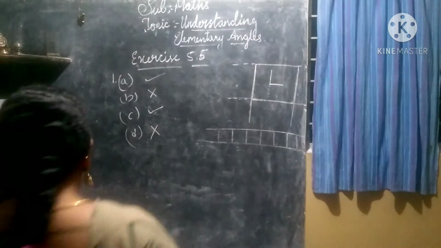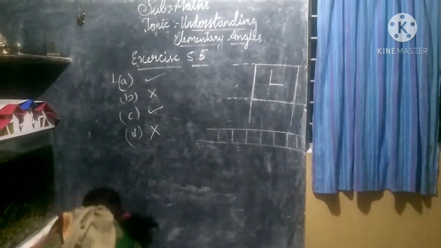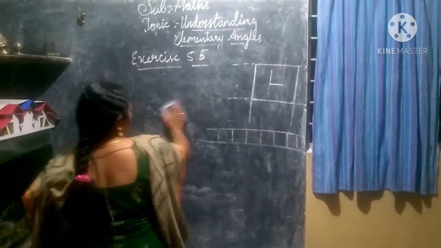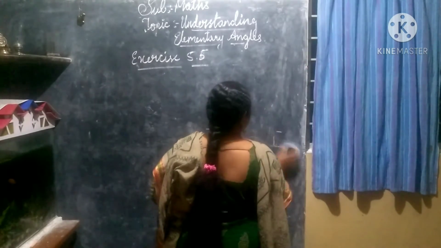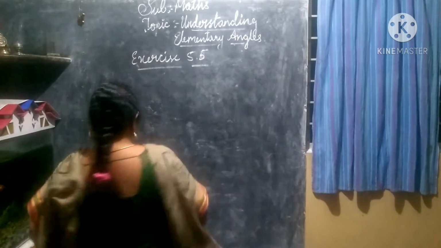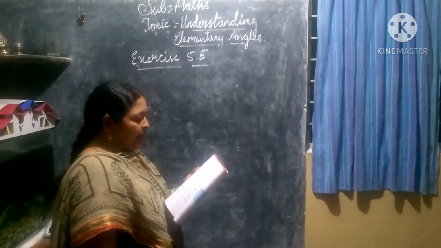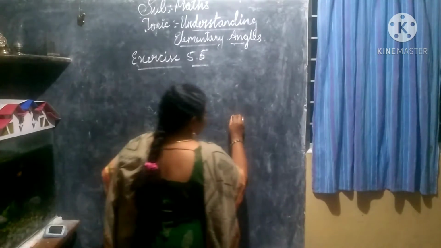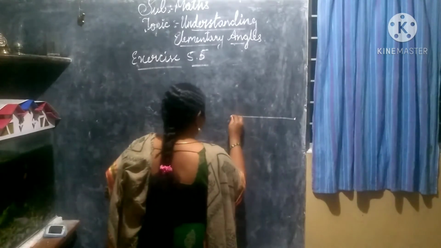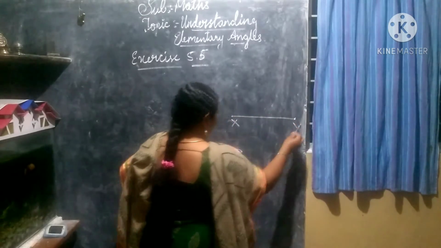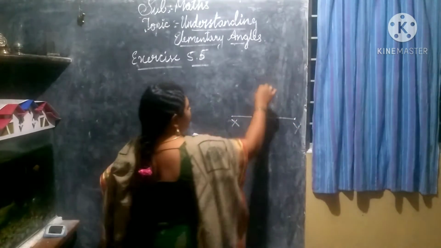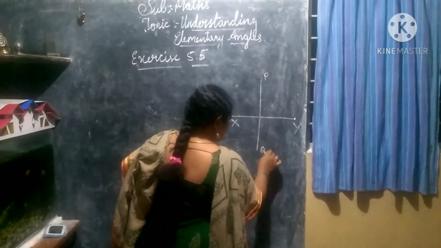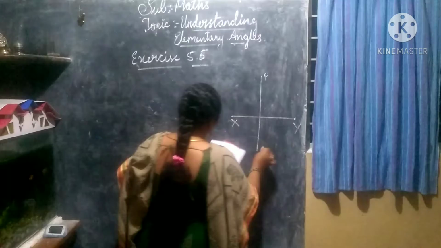So look at the second question. It says, let PQ be perpendicular to the line segment XY. So we have to consider the line segment XY here, and we have PQ as a perpendicular line to XY.